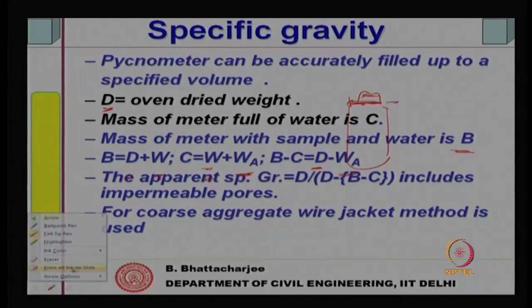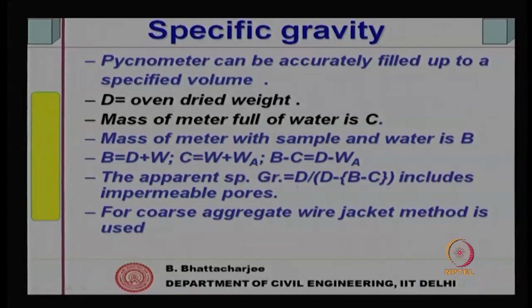The apparent specific gravity, therefore, one can calculate as D divided by D minus (B minus C), because B minus C is this. So, if you subtract from D, you get the mass of water having the same volume.